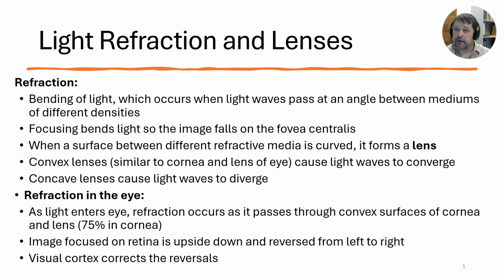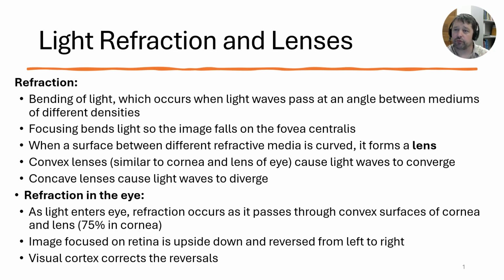Now, interestingly, because of the way light travels and the way it gets refracted off of the lenses of the eye, the image that is produced, at least the initial image, is actually upside down and reversed, left to right. And so it's very similar to a microscope.